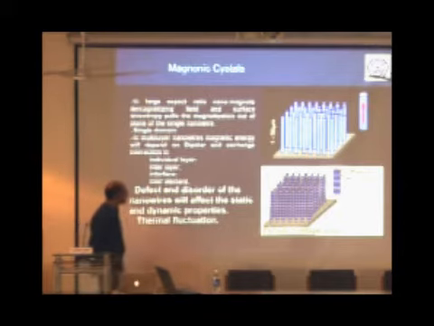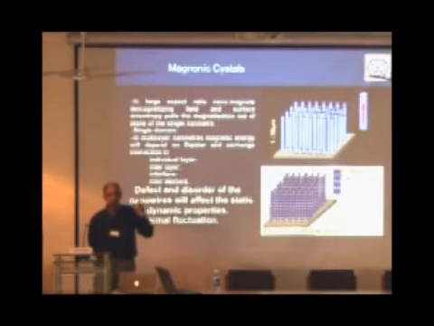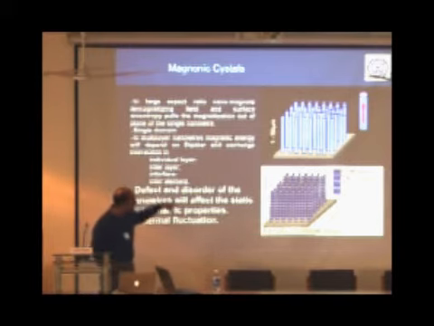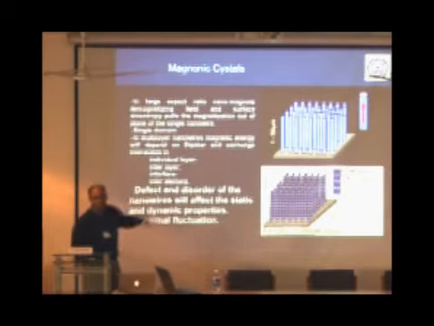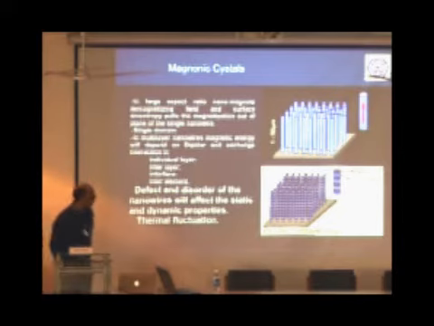The point is that most of these wires that you see here are one-dimensional. You are restricted in the XY plane, but the Z axis, the height of the wire, is variable. And if you use more than one material during the deposition, if you make a multi-layered nanowire, then you get what is called a magnonic crystal.